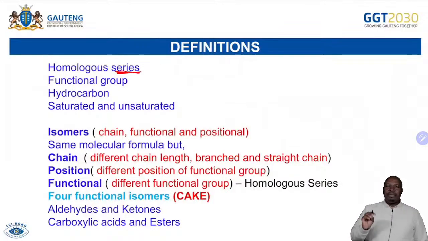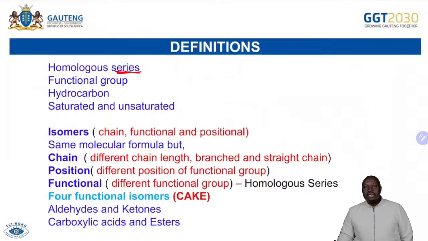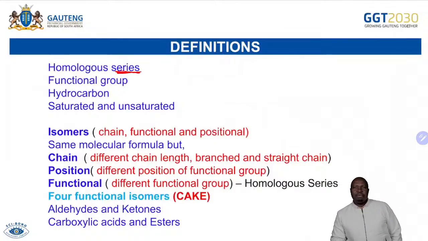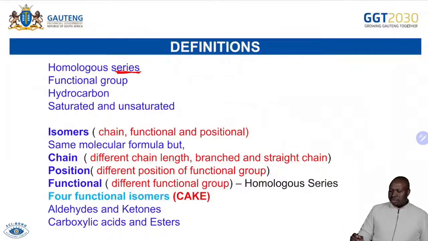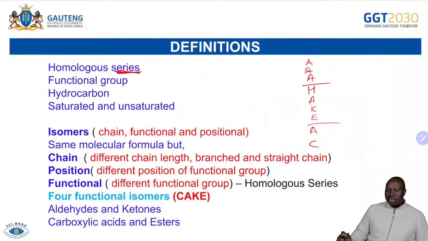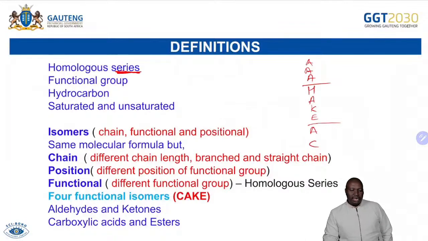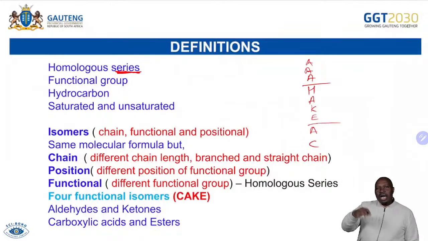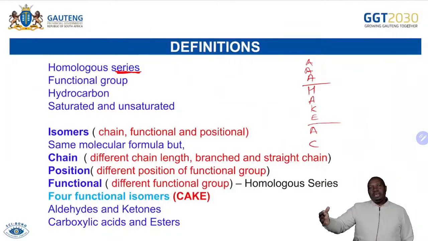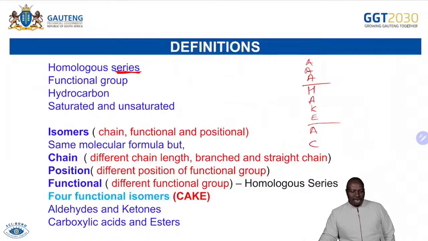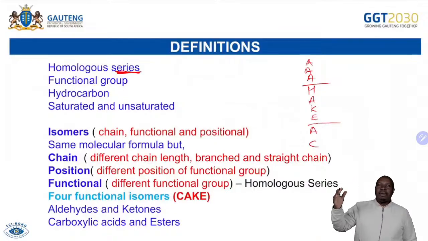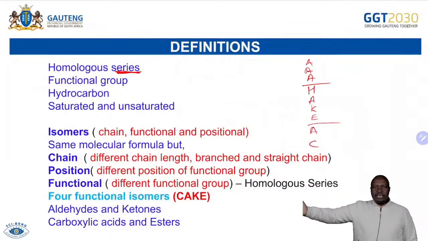Remember, we are doing 9 homologous series, which is your alkanes, your alkenes, and your alkynes, your haloalkanes, your aldehydes, your ketones, your esters, your alcohols, and your carboxylic acids. So you have to know that within a homologous series, all of them will be described by the same general formula, and each member will differ from the other by a CH2 group.